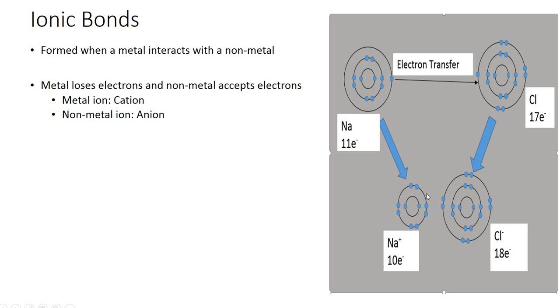So what does that mean? When a metal loses electrons, its atomic radius will decrease significantly. As you can see, this one is much smaller than this because we have lost a shell. What about this anion? Are we going to see a change in the radius? If this electron transfers to here, initially here we have 1, 2, 3, 4, 5, 6, 7 electrons.